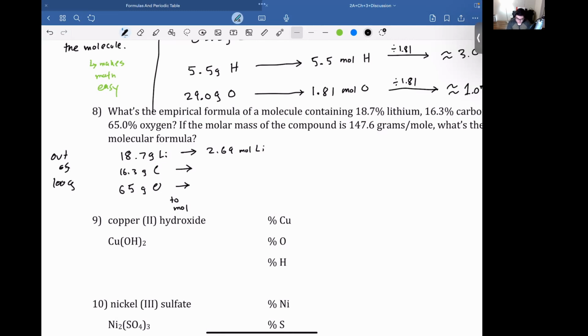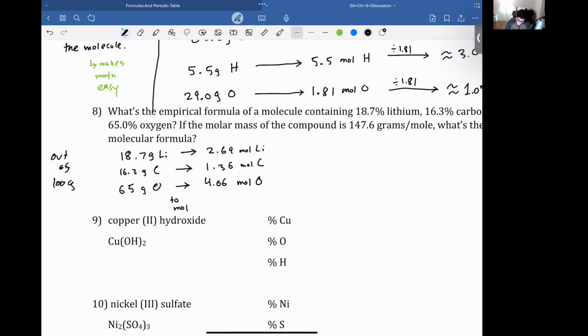Carbon, you're doing the same thing. 16.3 divided by 12, 1.36. Then you have oxygen. So 65 divided by 16, 15.999, close enough. 4.06 moles of oxygen.